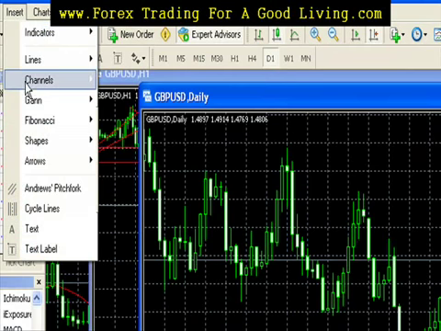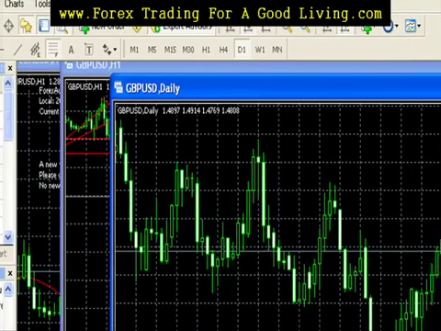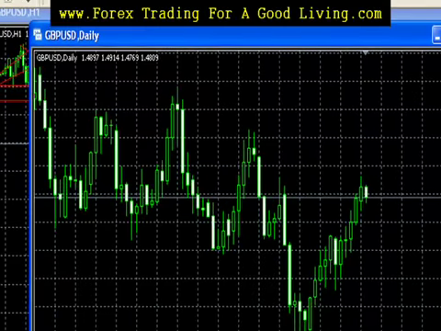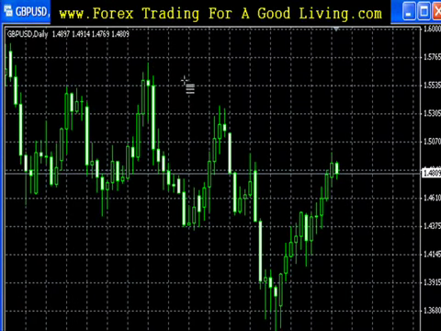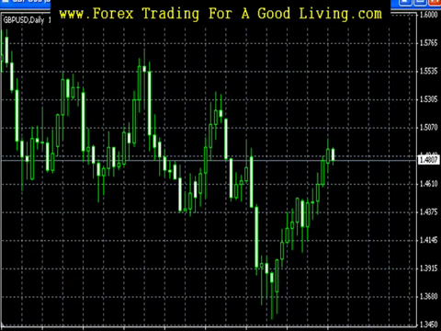Okay, so let's go back to our chart here, and we have to see this little cursor here. So what you want to do is take a retracement of a move. You want to find a specific definite move, okay? And then what the object is.